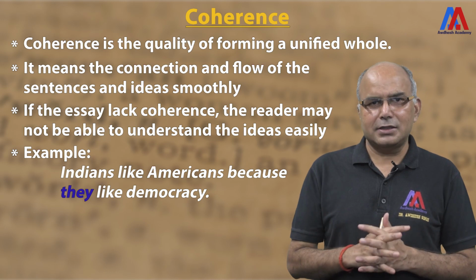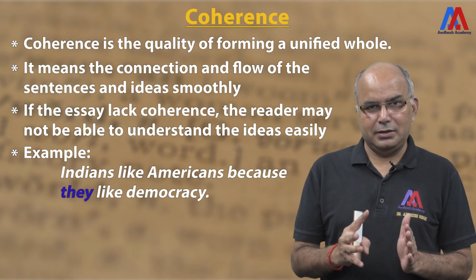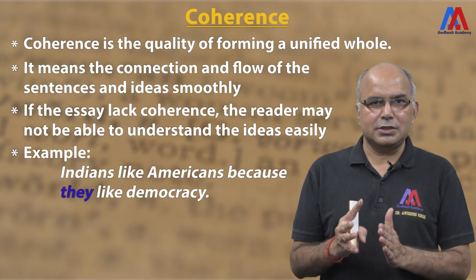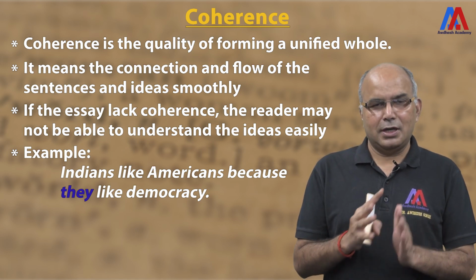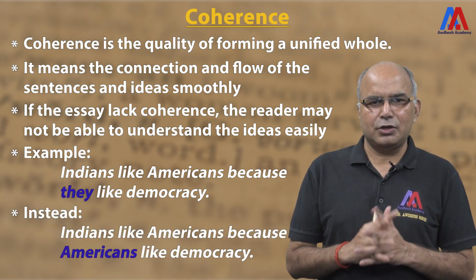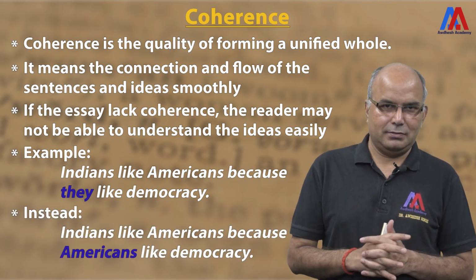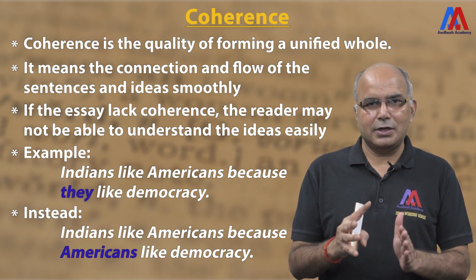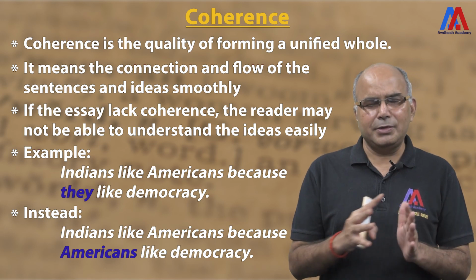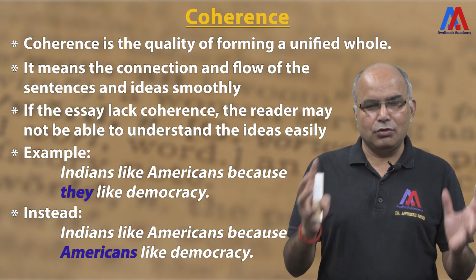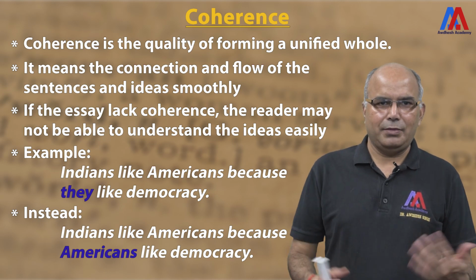And therefore, when we write this sentence, we have to keep in mind that they should not be used because it is creating ambiguity. Rather, we should use specific words. For example, Indians like Americans because Americans like democracy. So in this way, there is no confusion now because the words are very clear. So this is the meaning of coherence. That means there is no confusion and we can understand the whole concept in a very clear manner.